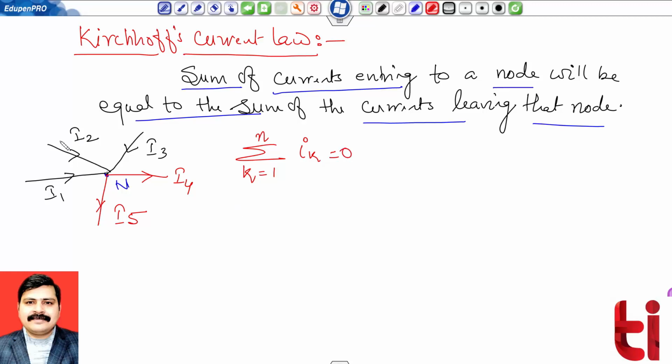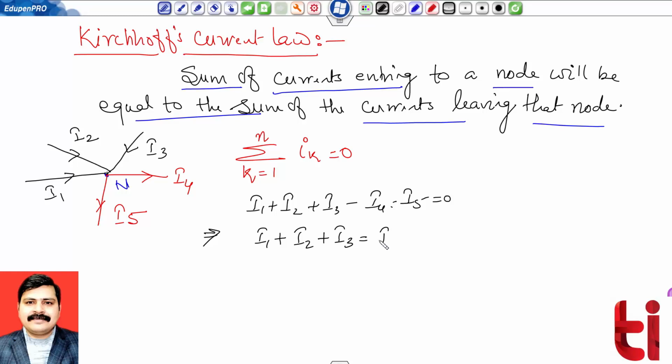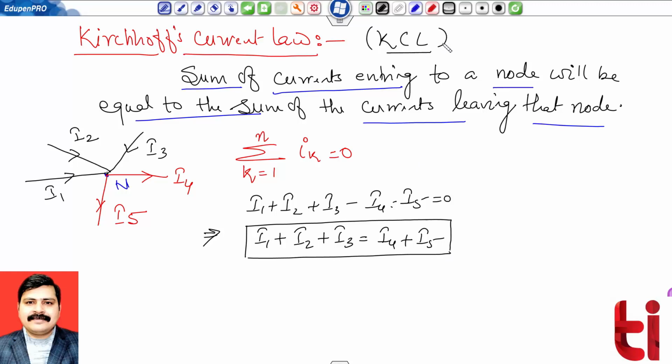If I say that the current entering a node is positive and the current leaving the node is negative, then it can be defined like this: I1 plus I2 plus I3 minus I4 minus I5 equals 0, or ultimately I1 plus I2 plus I3 will be equal to I4 plus I5. So this is known as Kirchhoff's current law. In short, it can be written as KCL, Kirchhoff's current law.